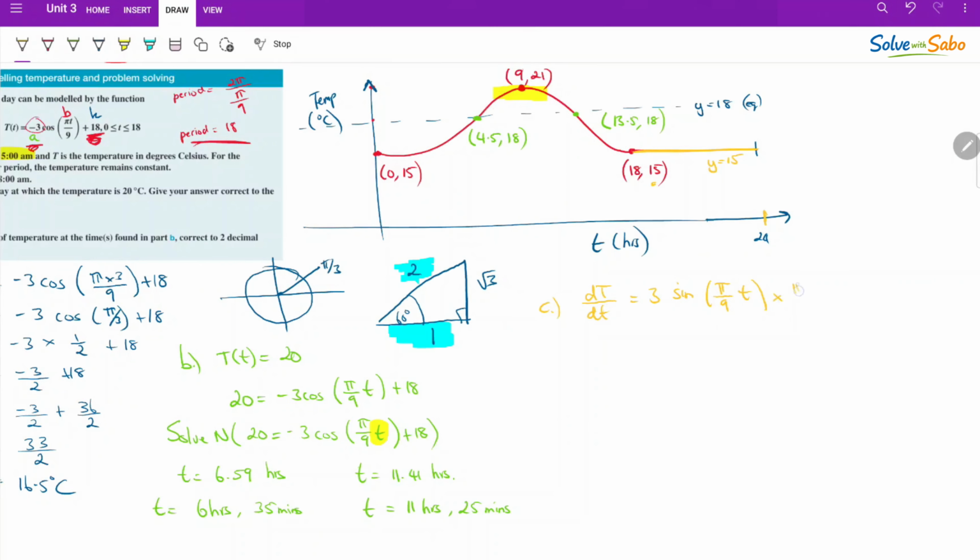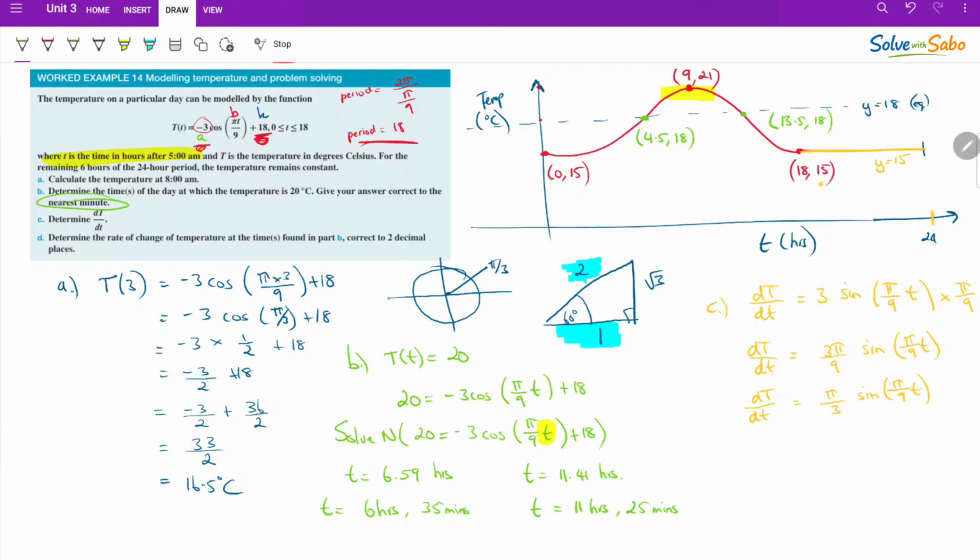I'm going to times by the derivative of what's inside my bracket, and the 18 is going to go away in the bin. So that means dT/dt is equal to 3π/9 sin(πt/9). Now, of course, I don't want 3π/9. I would rather just write this as π/3 sin(πt/9). Done.